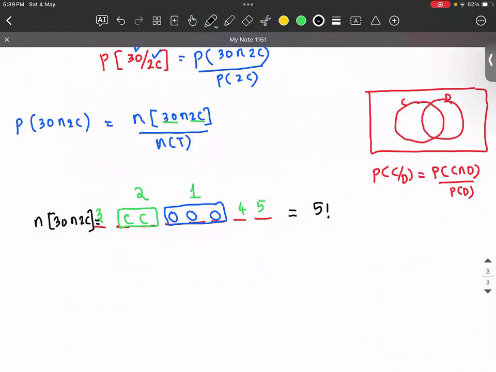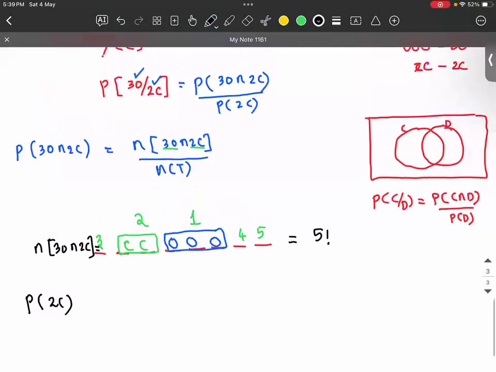Fine. So this is the case for the numerator. Now we are interested in the denominator part.